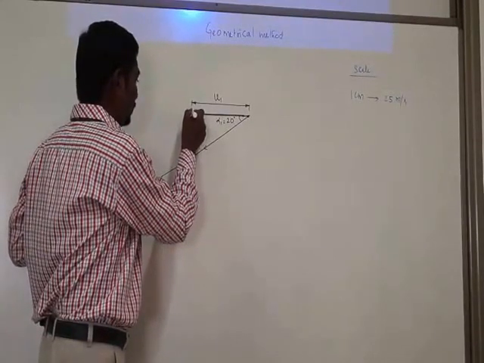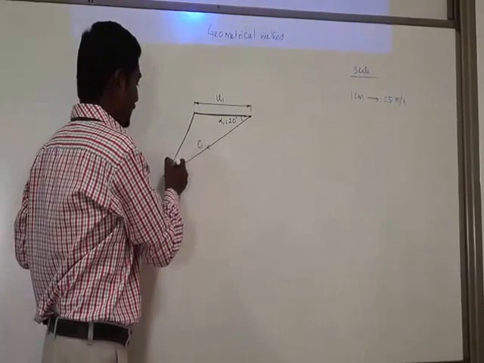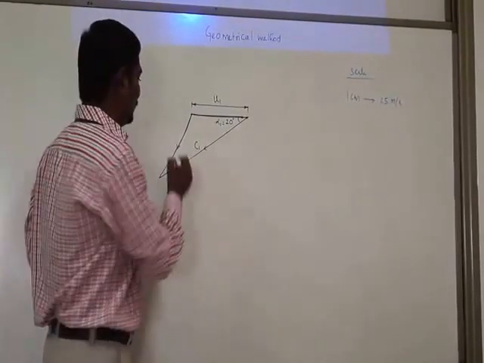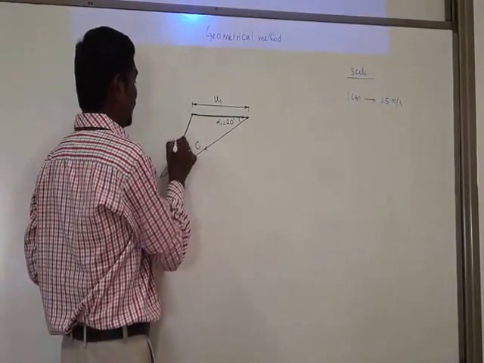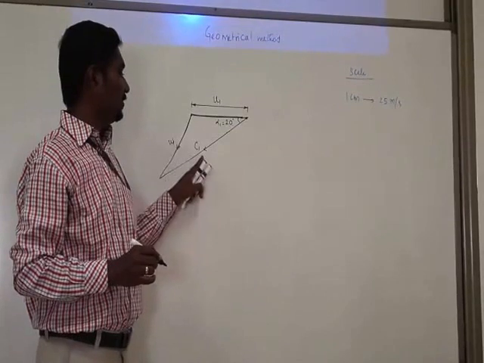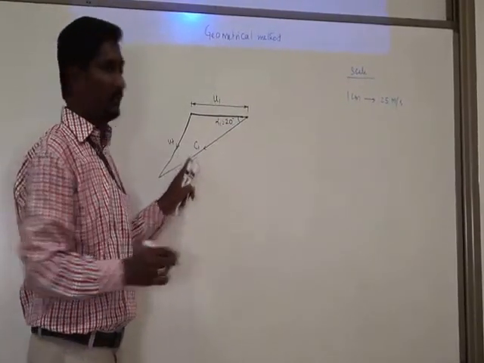If you join these two, it completes the inlet velocity triangle for the first row of the moving blade. The relative velocity at the inlet is W1.